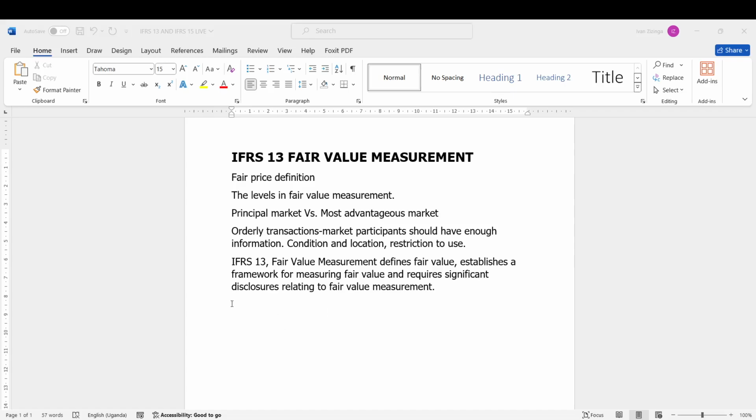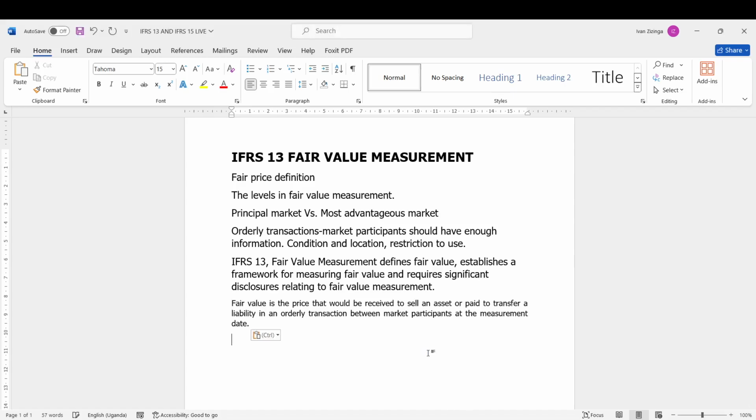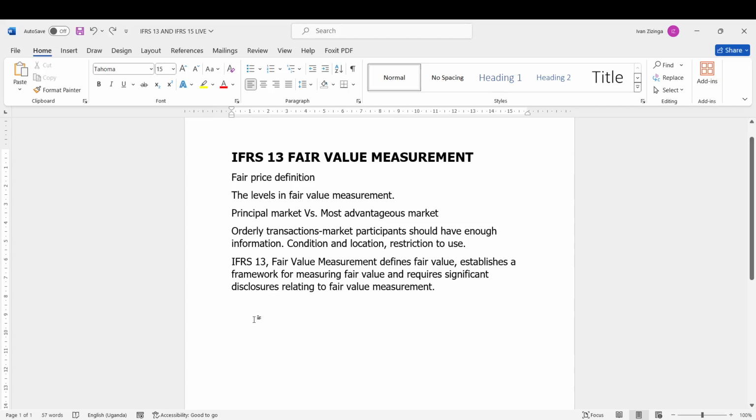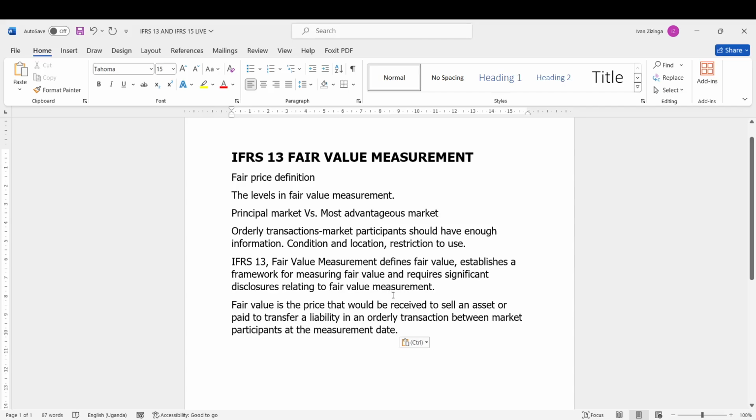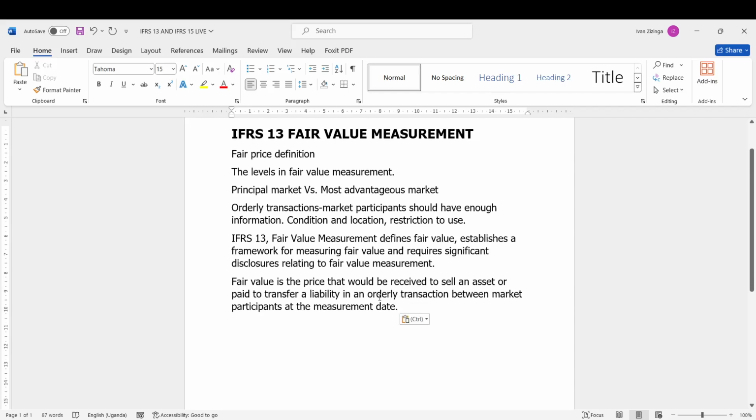Okay, it defines it as a price that you would receive if you are to sell an asset, or if you are to transfer a liability in an orderly transaction. And this is always at the measurement date.